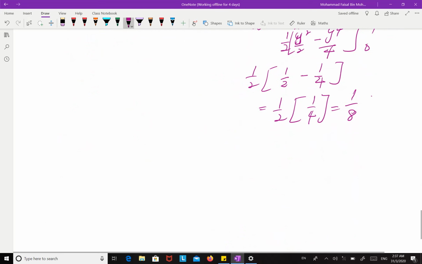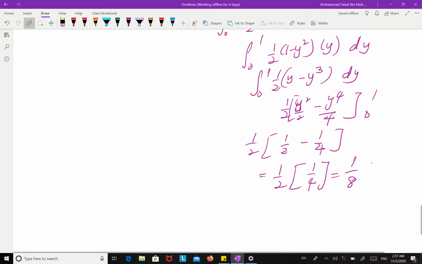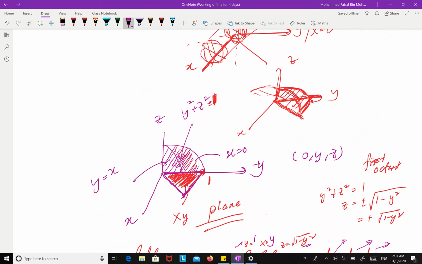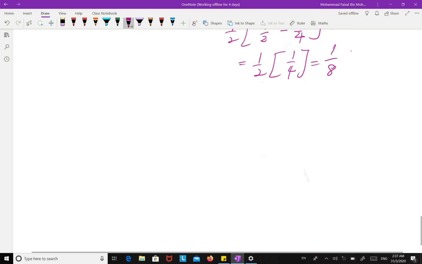So if you choose the surface dA as dy dz, try to see it in the zy plane, because dz dy is in the zy plane, which is a quarter circle.